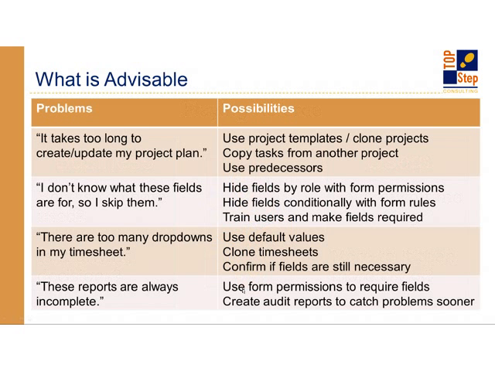Okay, so here are some possibilities. None of these answers are necessarily right or perfect. Some possibilities: make sure that the users are using project templates if at all possible, or cloning projects if possible. You can copy tasks from another project. So if they have another project that's similar, go to that other project and open up the phases within that, copy the phase and the tasks within it, and move them to the new project.